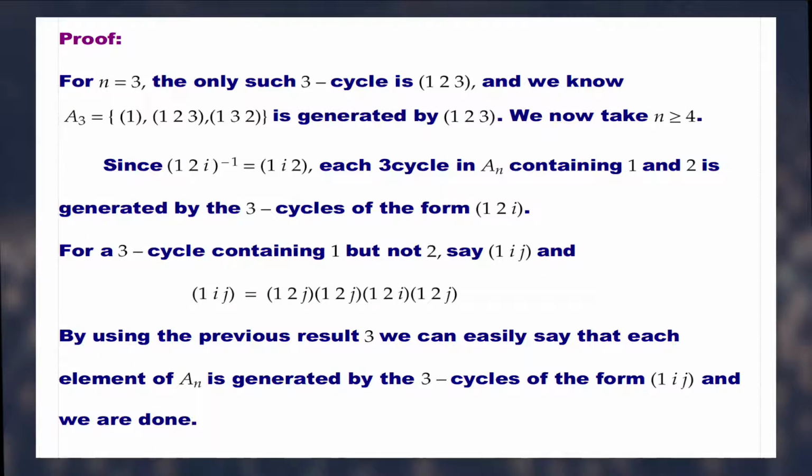For a 3-cycle containing 1 but not 2, say (1 i j), we have (1 i j) = (1 2 j)(1 2 j)(1 2 i)(1 2 j). By using the previous results, we can easily say that each element of A_n is generated by the 3-cycles of the form (1 i j), and we are done.